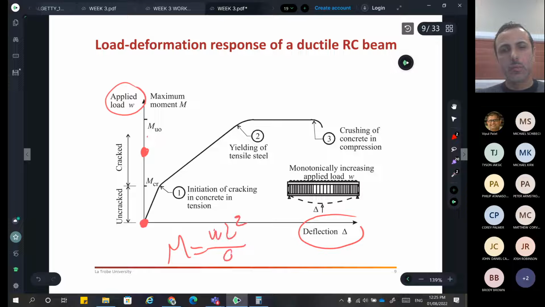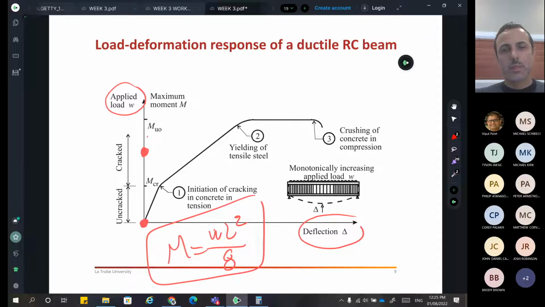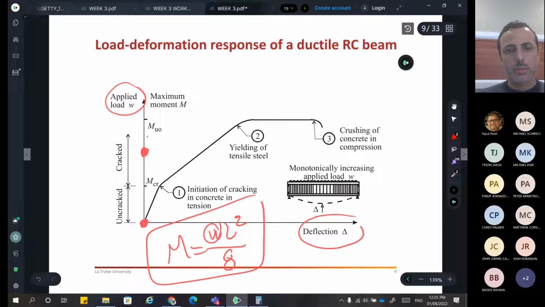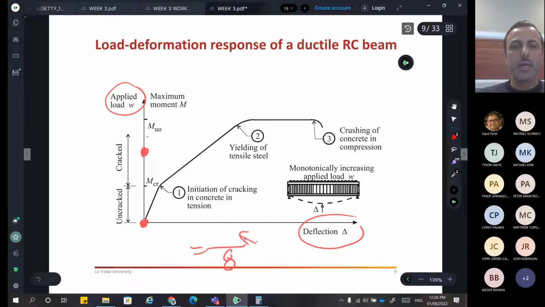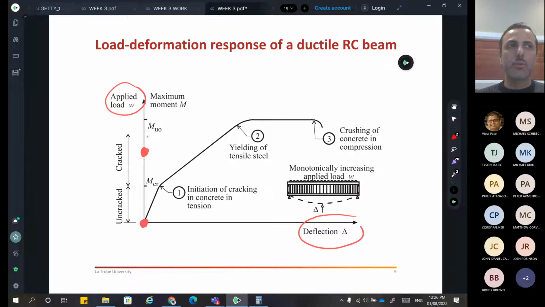WL squared over 8. You had it from mechanics of solids. So if you have load, with the span over 8, square the span, you will have the bending. When I say bending, it means also load, right? So by the time you take away the formwork from under a fresh slab, it will be somewhere here.